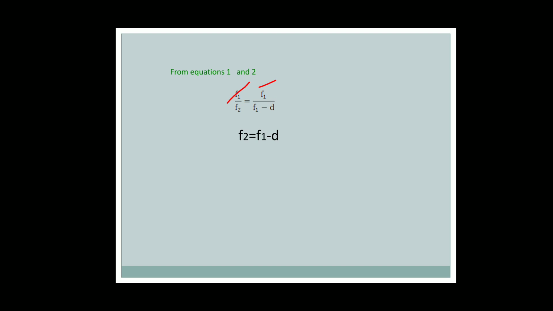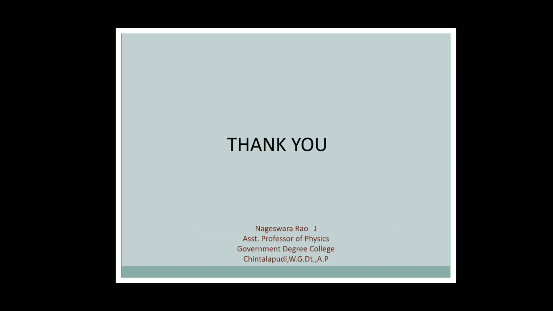From this, d is equal to f1 minus f2. So this is the condition to minimize the spherical aberration by using two plano convex lenses. If two plano convex lenses are placed at a distance d equal to the difference of the two focal lengths, they will minimize the spherical aberration. So these are the different methods to minimize the spherical aberration. Thank you.